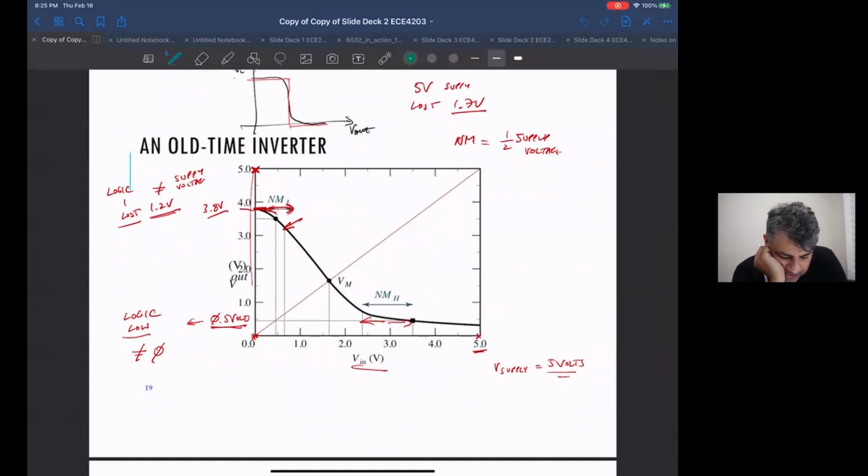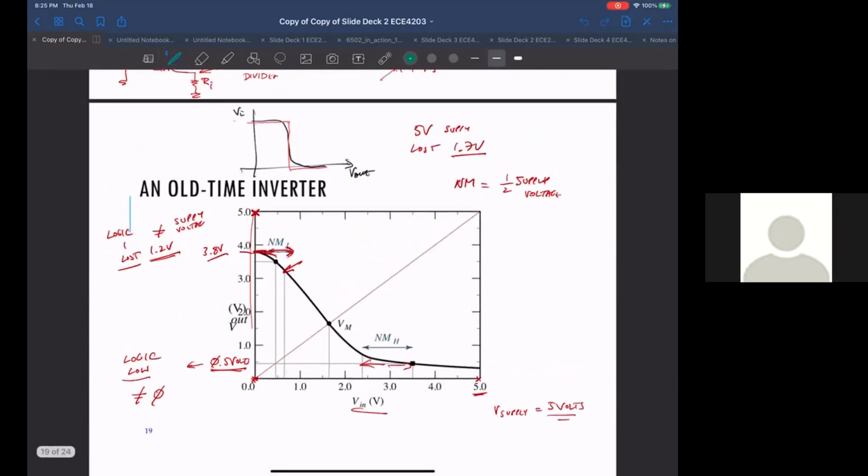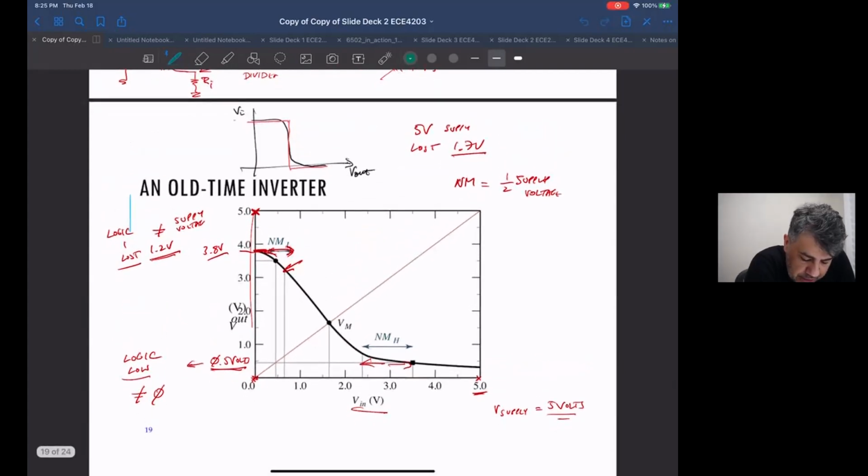Do you see my screen? Slide 19 is probably a good indication. This is probably the same circuit as what we have, except it's 1.8 volt.